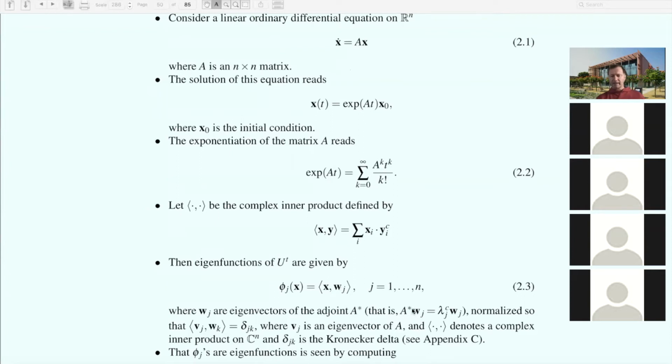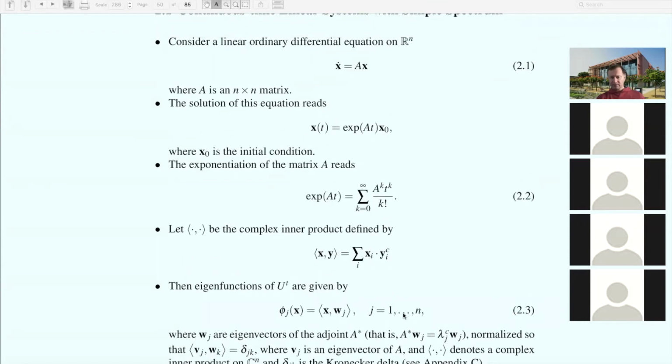But they satisfy A star W_j is lambda_j^c W_j. This complex conjugation is due to the fact that A V_j, which would be the basis provided by eigenvectors, is dual to the basis W_j. So you have eigenvectors and dual eigenvectors that are really eigenvectors of the adjoint A star.